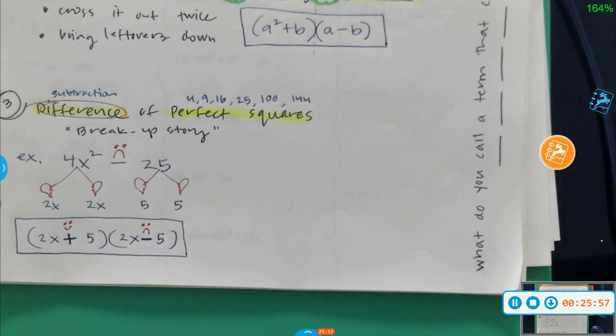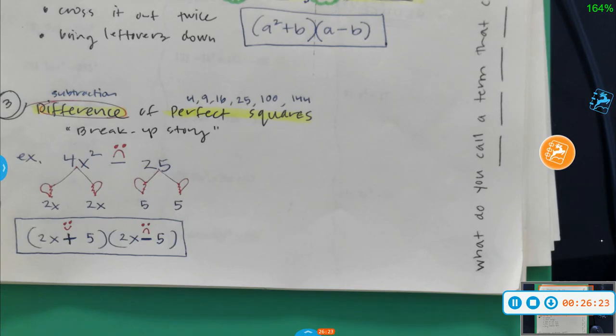That's what a perfect square is. 144 is 12 times 12, so that's a perfect square. This only works for binomials, because if you go back to my breakup story, it's 2 people, because if there was 3, there was problems to begin with. Okay, so this is a difference of perfect squares, only works for 2 people.